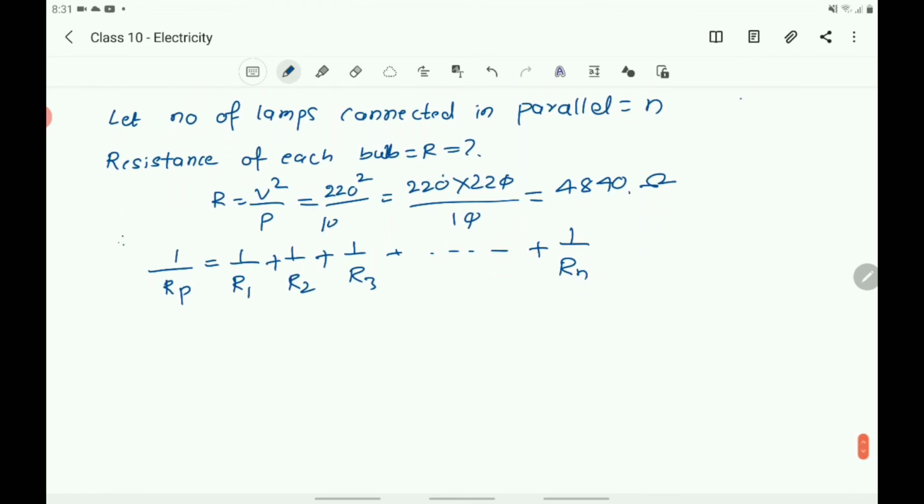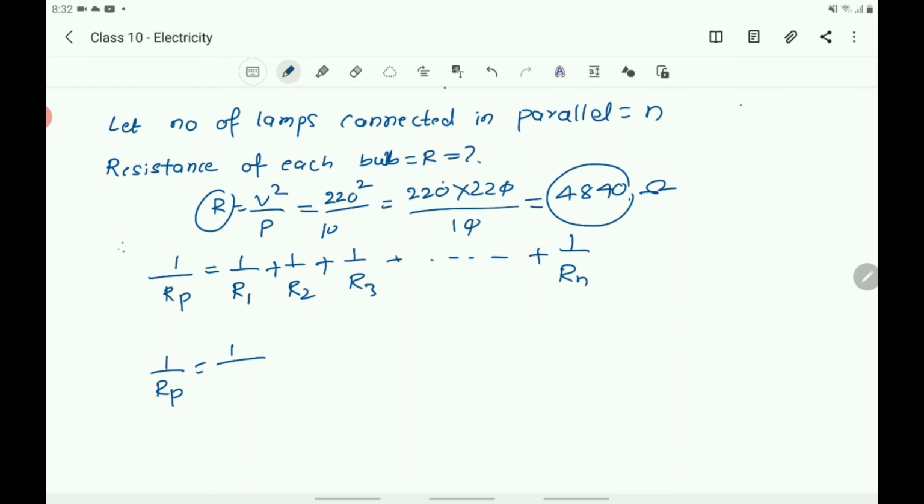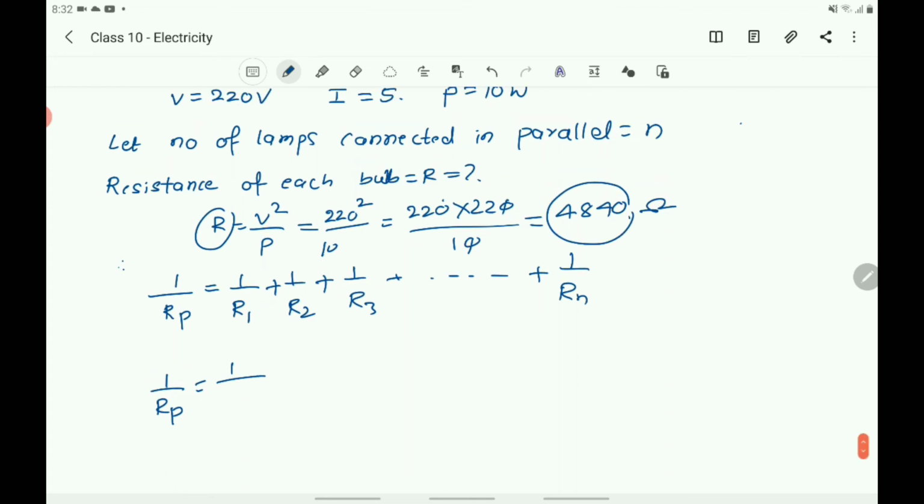Now you take 1 by Rp equals, the resistance of each bulb is 4840. As they are of same resistance, R1 equals 4840, R2 equals 4840, and so on, Rn equals 4840.